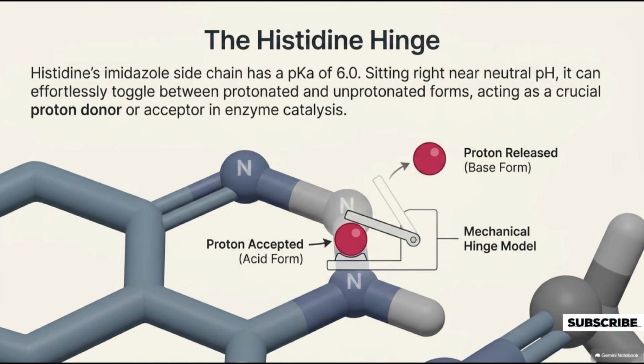Among these, histidine is especially unique because its side chain's imidazole group has a pKa of 6.0, allowing it to easily transition between protonated and unprotonated forms near neutral pH. This property allows the histidine residue to act as a highly versatile proton donor and proton acceptor, facilitating many enzyme-catalyzed reactions.